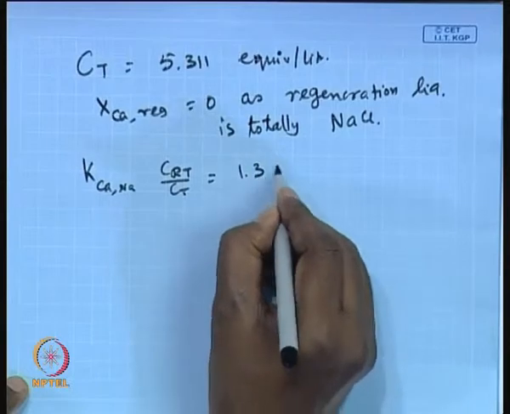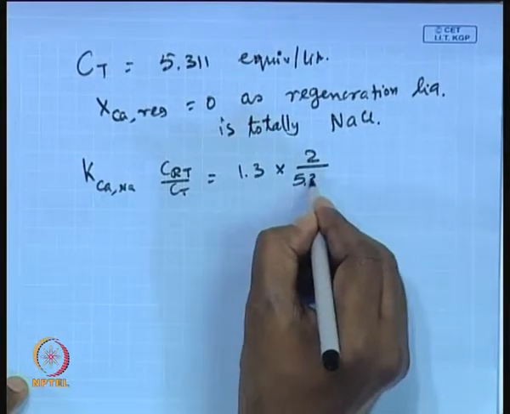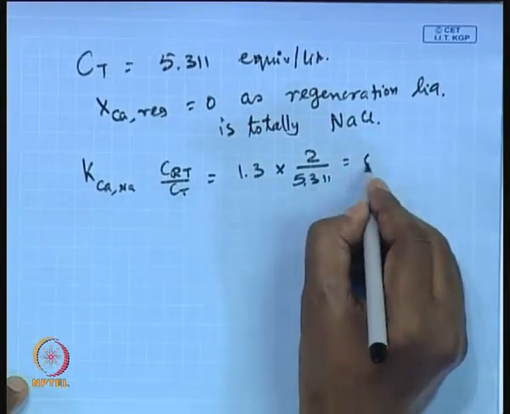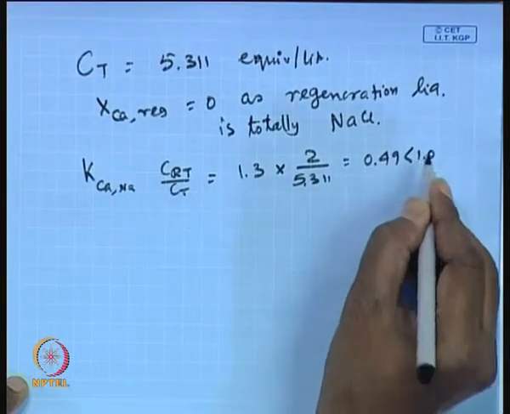It turns out to be 1.3 into 2 divided by 5.311, and this will be 0.49, which is less than 1.